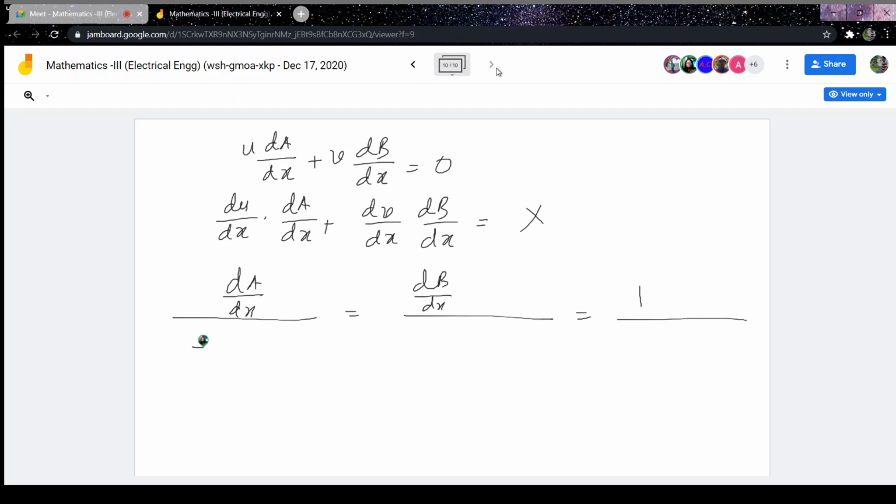So this will be minus vx, 0 will be cancelled out, and this will be ux minus 0, and that will be 1 by u dv dx minus v du dx, right?